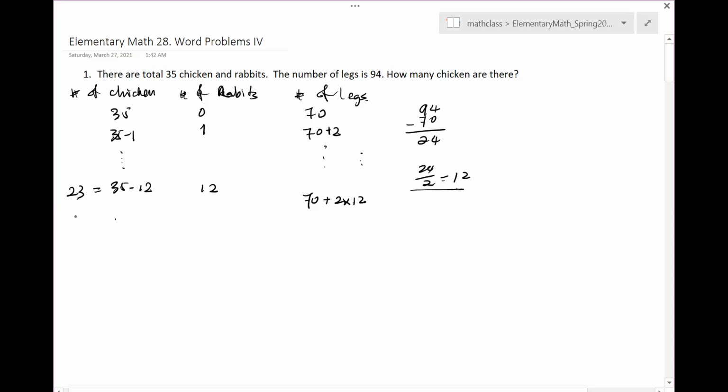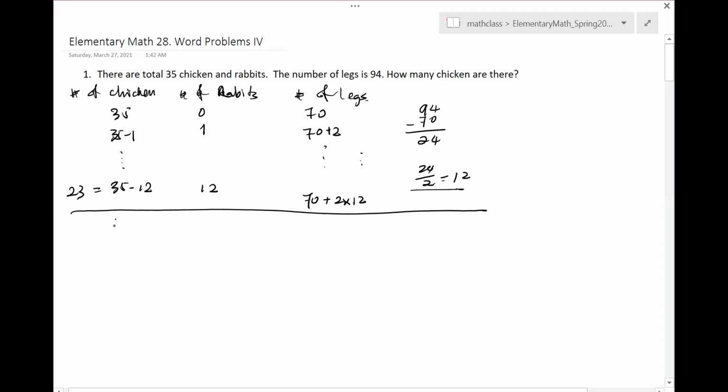This works very well. Now we also try to use equations to solve the problem. I hope you understand that we don't know how many chickens we have, right?